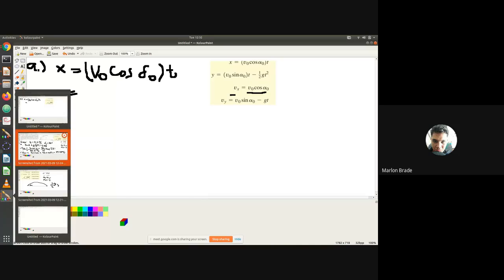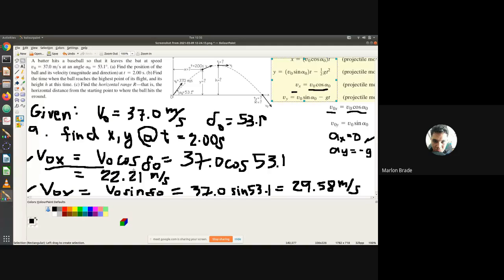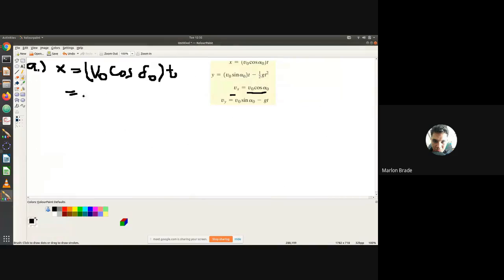So from earlier, v naught x is equals to v naught cosine alpha naught, which is 22.21, multiplied by the time, which is 2 seconds. So this is just equals to 44.42 meters.